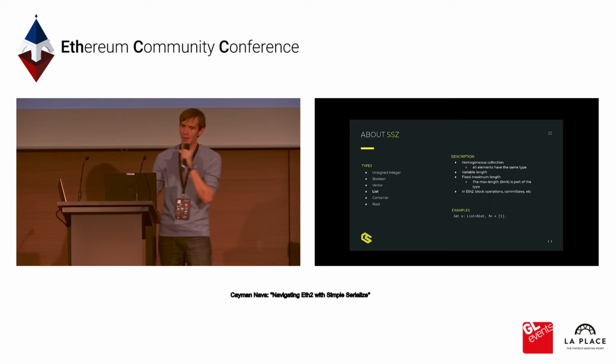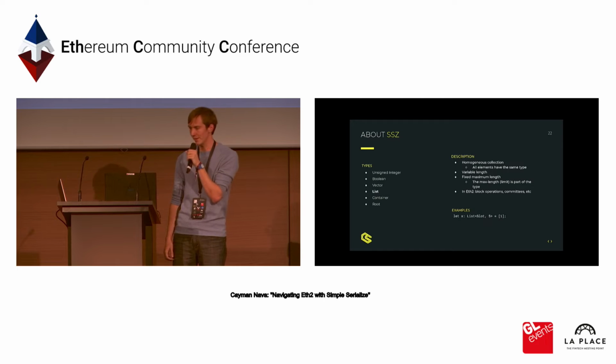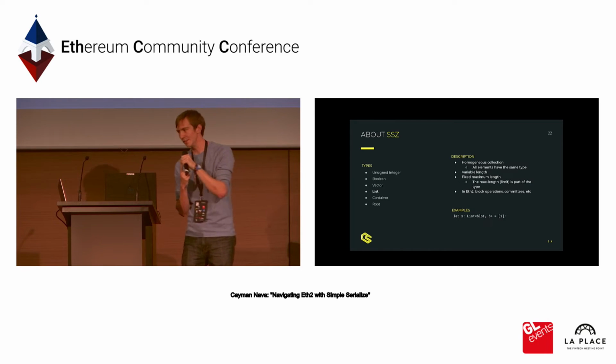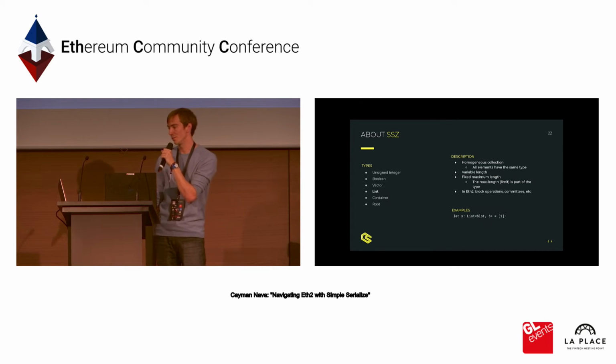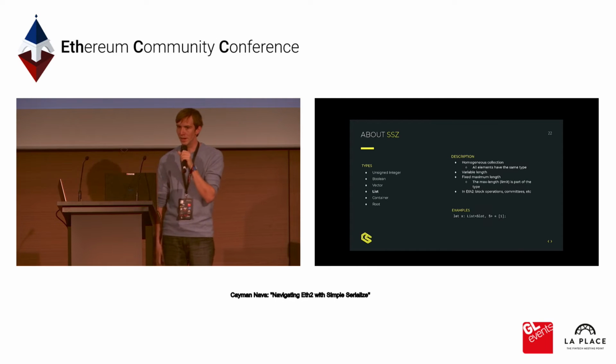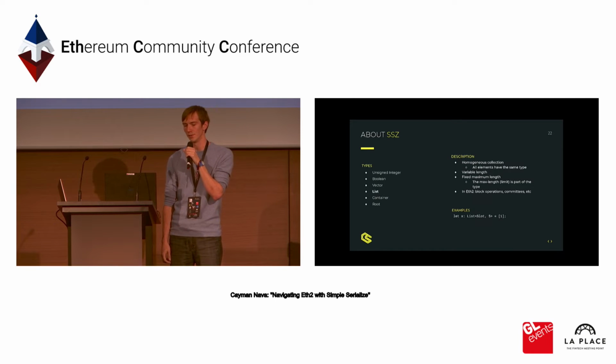A list is our way of doing variable length collections. So they're like vectors in that they're homogeneous collections, so all the elements have the same type, but they're variable length. And the one gotcha that we have is that there's a fixed maximum length for these types.